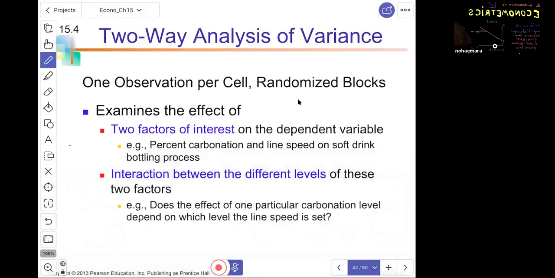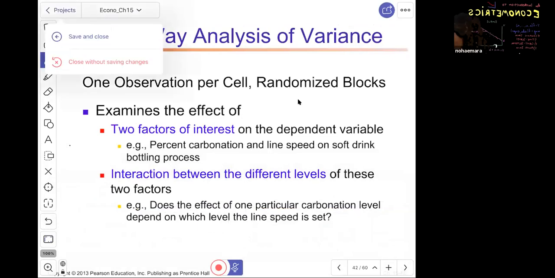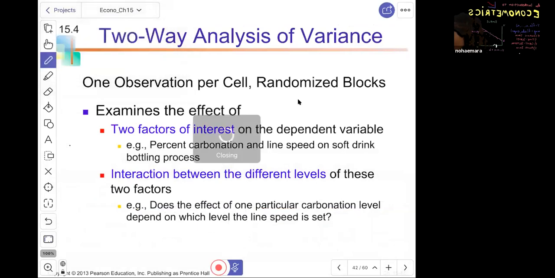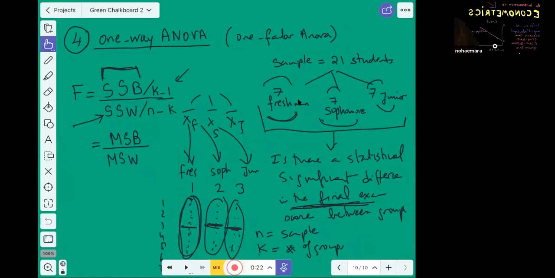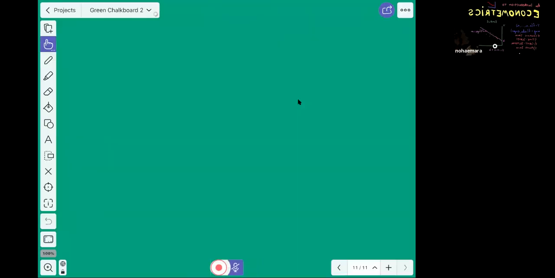Okay, here. Now I'm adding another variable, right? So let me explain it here first. Suppose that, so this is two-way analysis of variance.